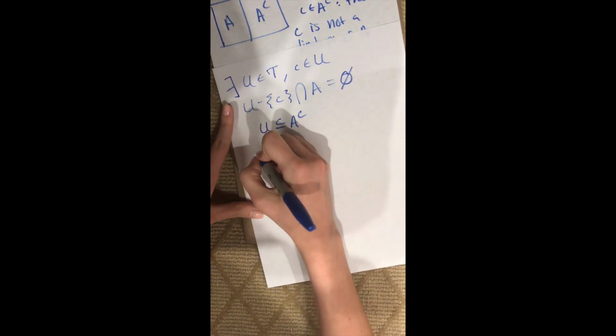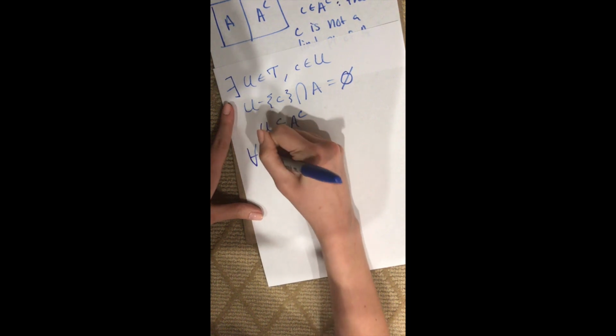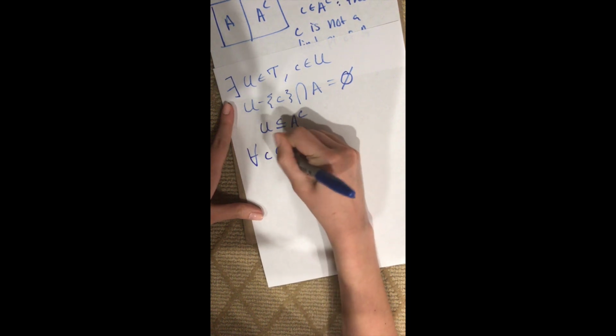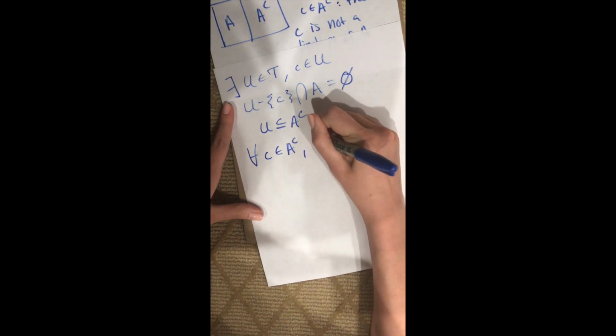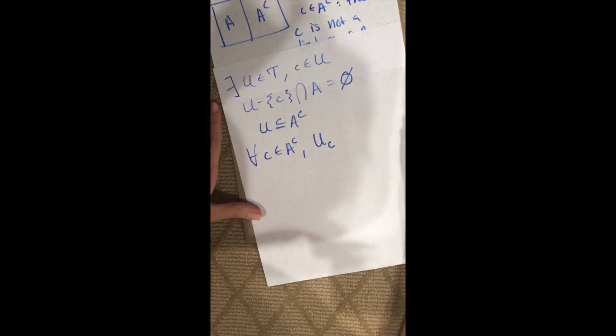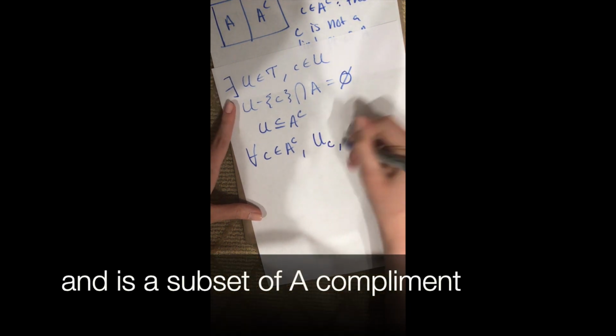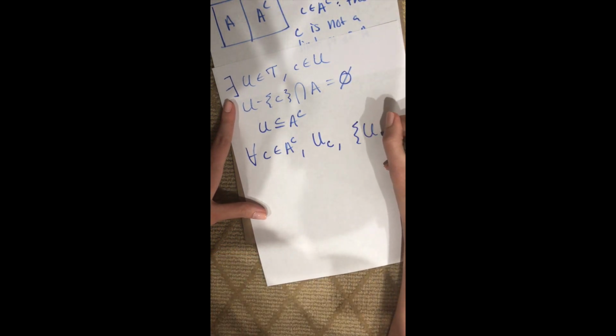So now we can get to the really, really awesome part. What we're going to do is find, for all the points in A complement, a corresponding open set which contains that point, and we're going to put it in this set.